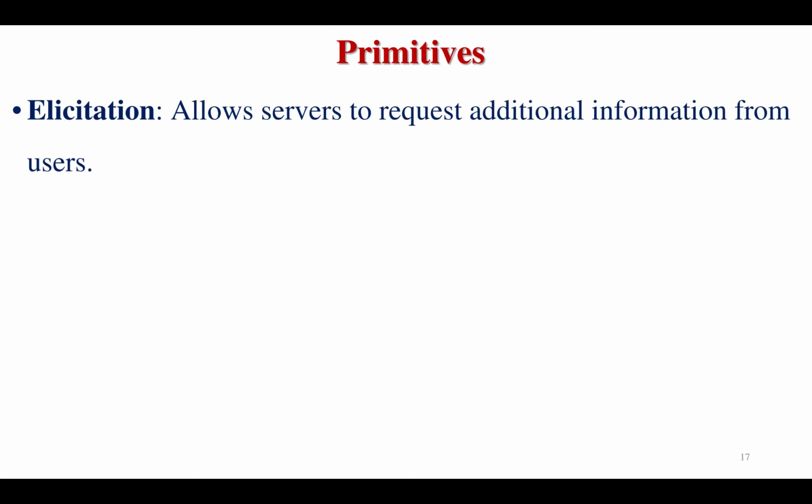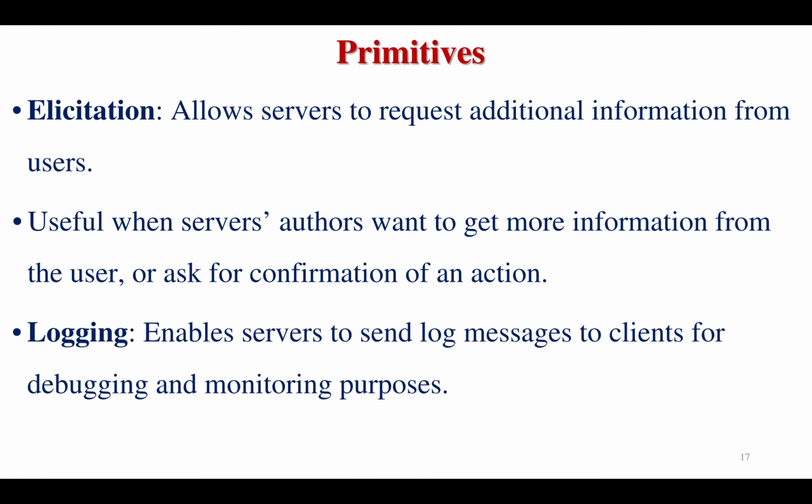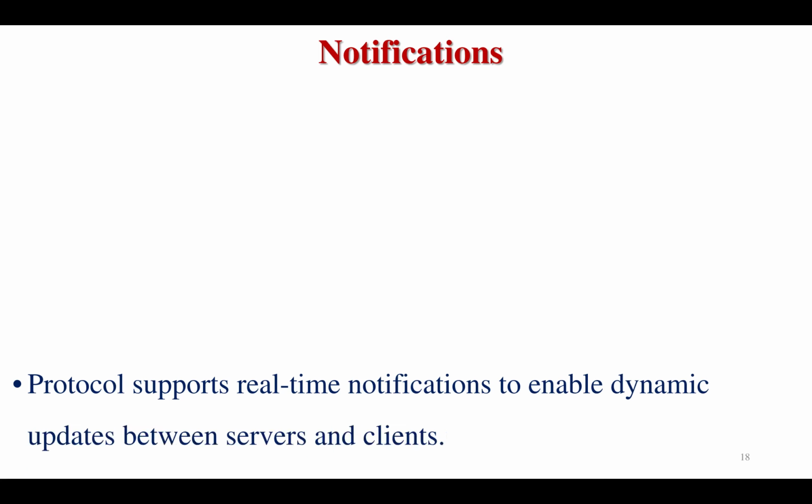Apart from that, we have elicitation, as we discussed, which allows the server to request additional information from the users. For example, the server author may want more information, like confirmation of an action, whether we can proceed or not. Logging is another primitive which enables servers to send log messages to clients for debugging and monitoring purposes.